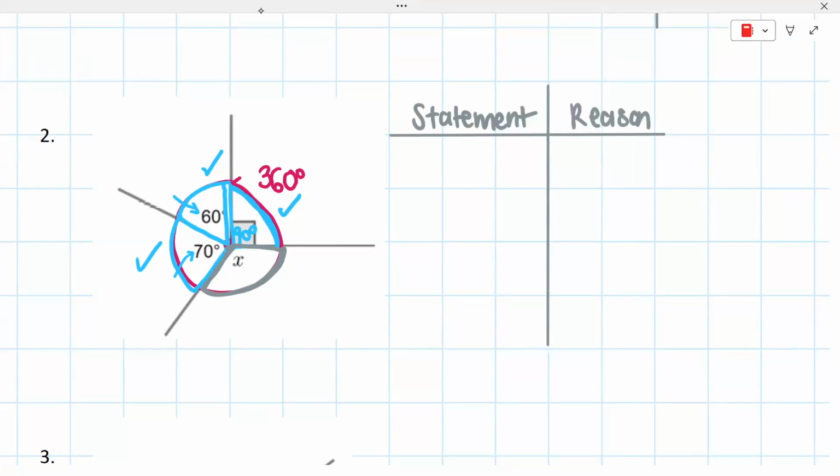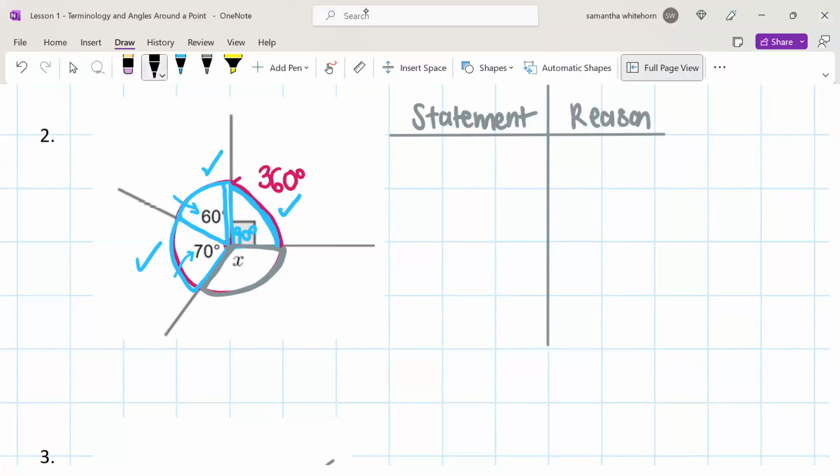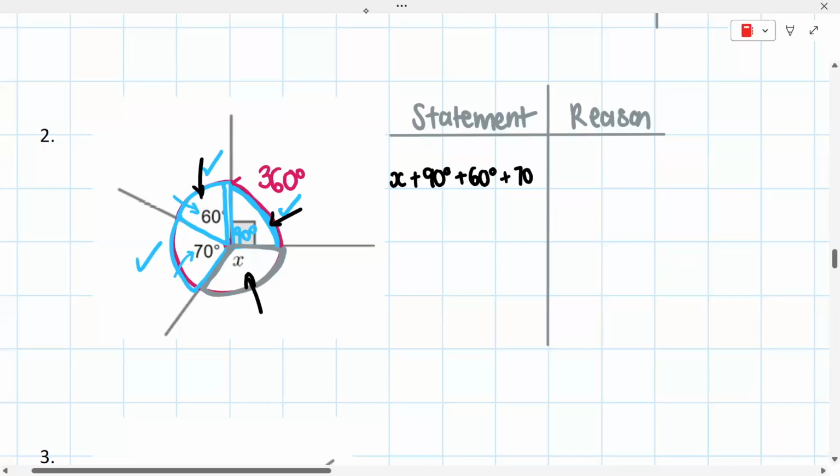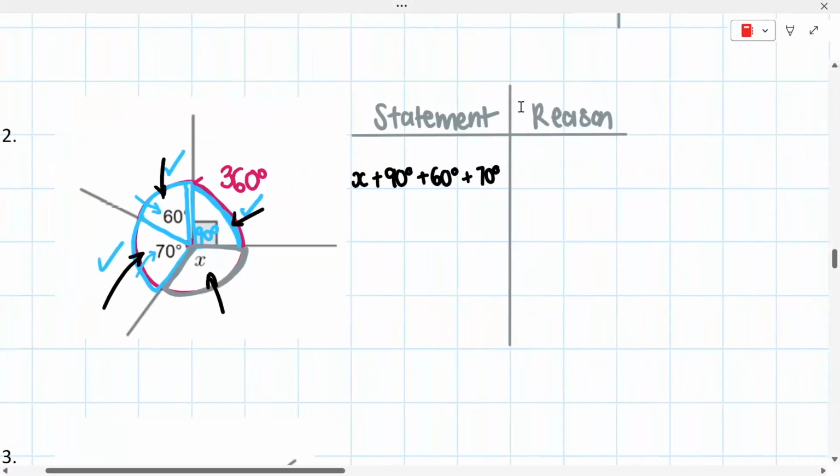So the statement I'm going to make here is the fact that I know x, so here's my x, plus the 90 degrees, plus the 60, plus the 70, must all equal 360 degrees.